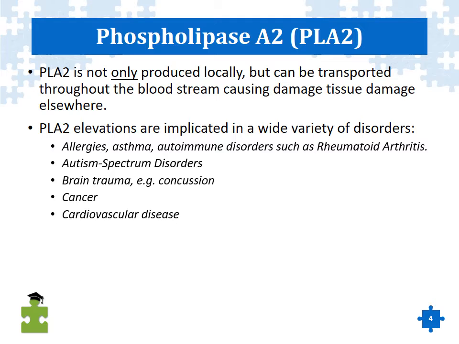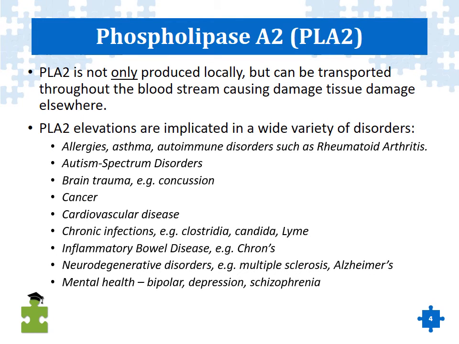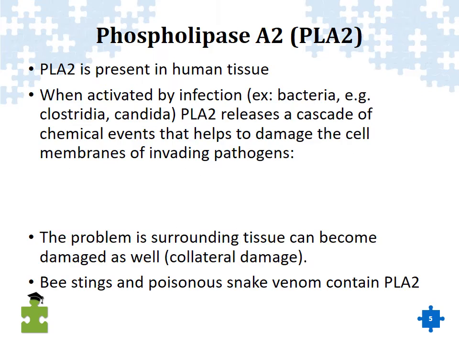Phospholipase A2 elevations are implicated in a wide variety of disorders: neurodegenerative problems, mental health issues, chronic infections, brain trauma. They're now showing that individuals with concussions often have elevations of phospholipase A2, and it is seen in autoimmune disorders as well as in autism.